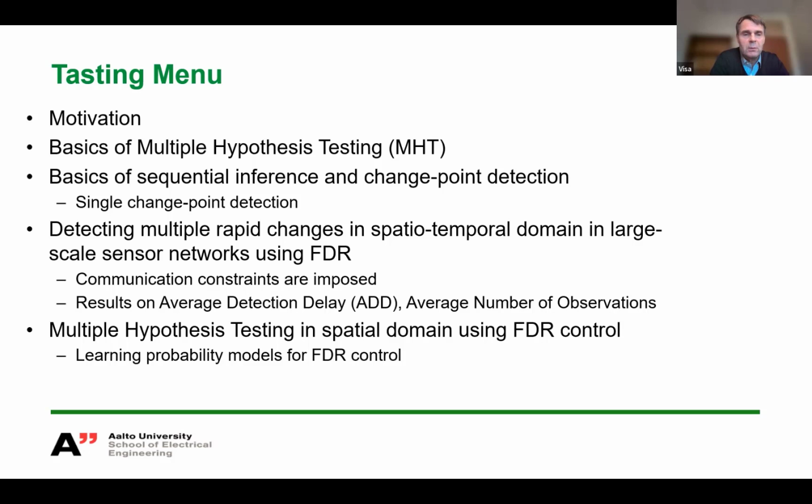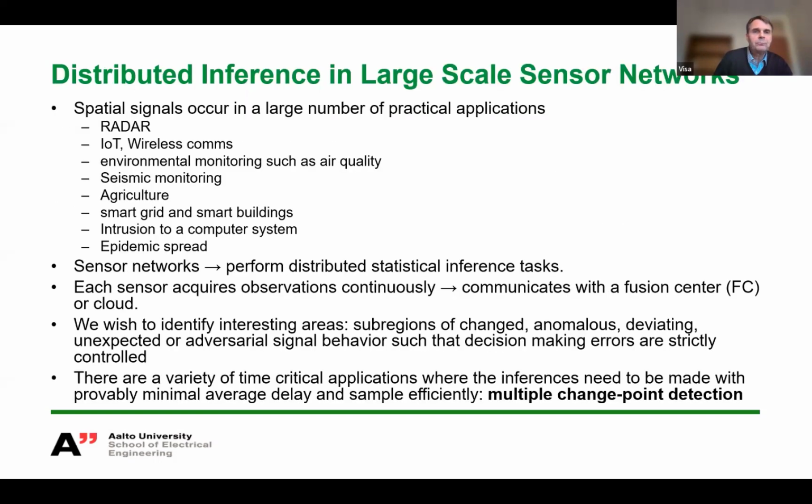And last, we'll consider multiple hypothesis testing in the purely spatial domain using FDR control. The idea there is that you would actually learn the probability models and also be able to interpolate the decision statistics in points where you don't have sensors. By doing that, you could characterize the regions where certain hypotheses are in place or regions where the null hypotheses are rejected. So that's the plan of the day, and we'll proceed with this plan.